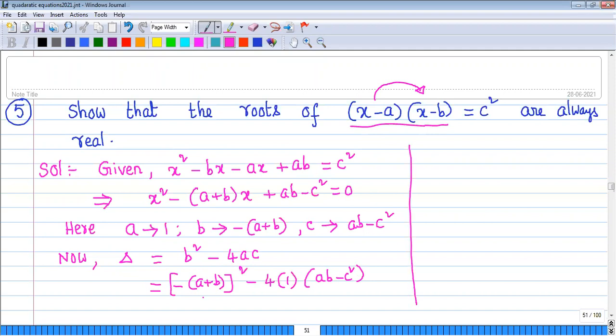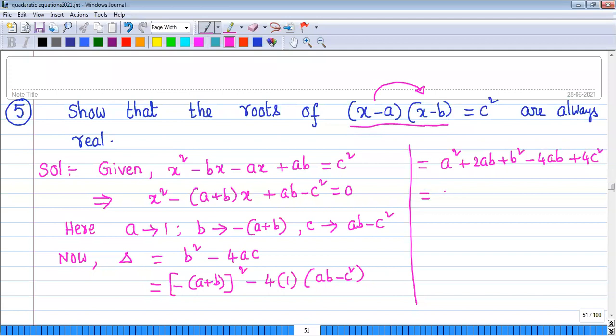Now let us simplify. Minus of (a plus b) whole square or (a plus b) whole square both have the same value. So we can write a square plus 2ab plus b square, and minus 4 into ab minus 4ab, and minus 4 into minus c square, that is plus 4c square.